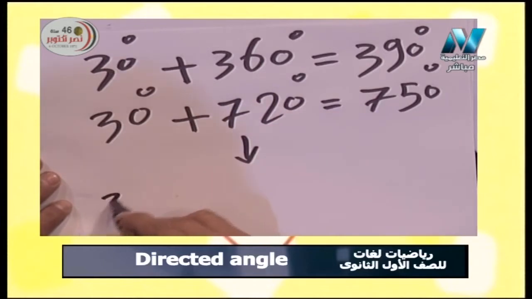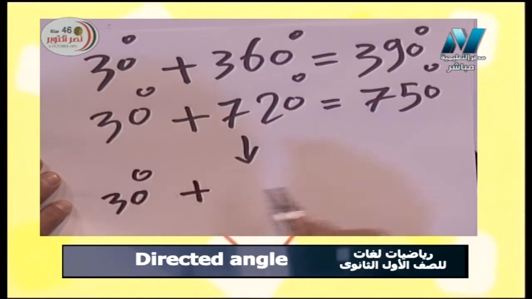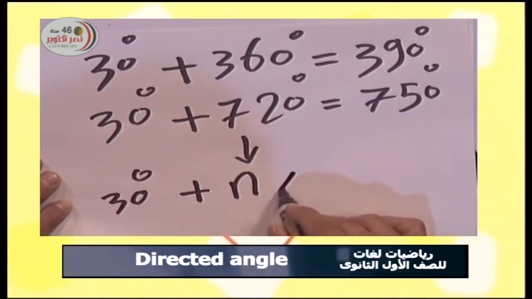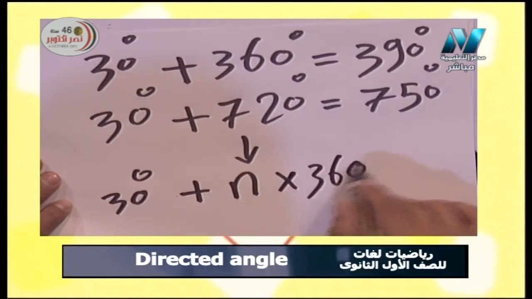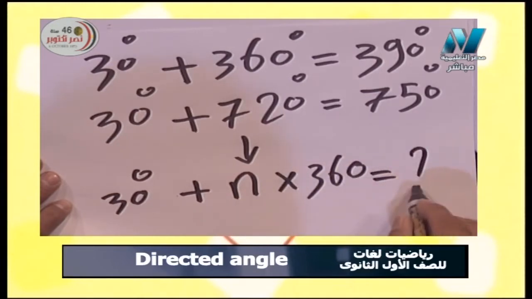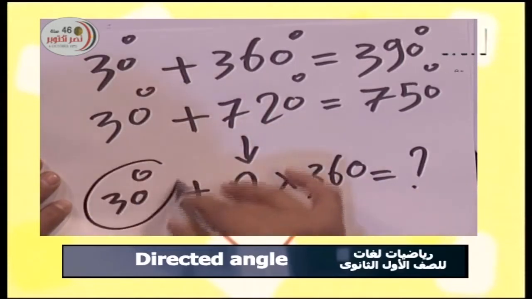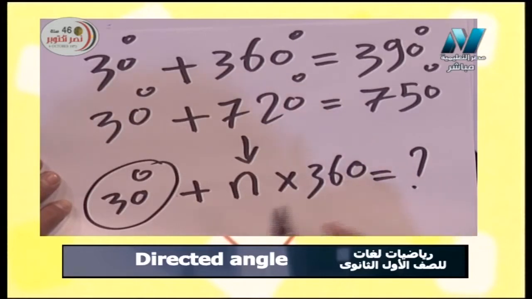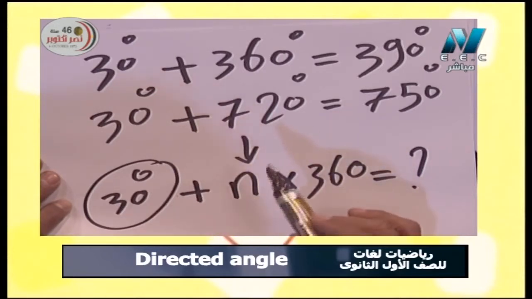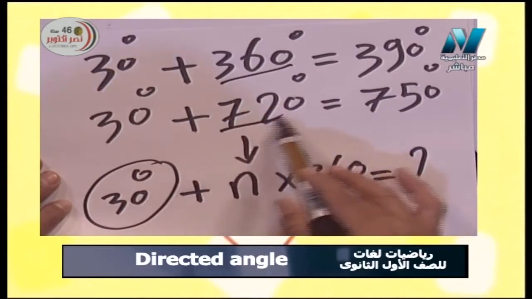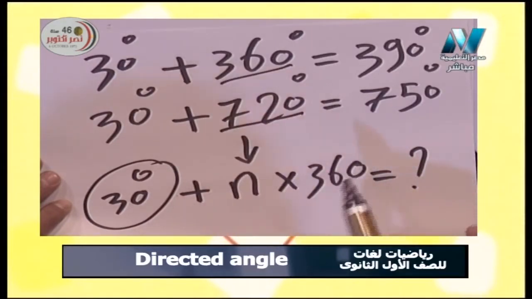So 30 plus any number of rounds, which we call n, multiplied by 360, the answer will be an angle equivalent to the 30-degree angle. So to find the positive angles equivalent to 30 degrees, we add 360, 720, or 3 times 360, or 4 times 360, and so on.